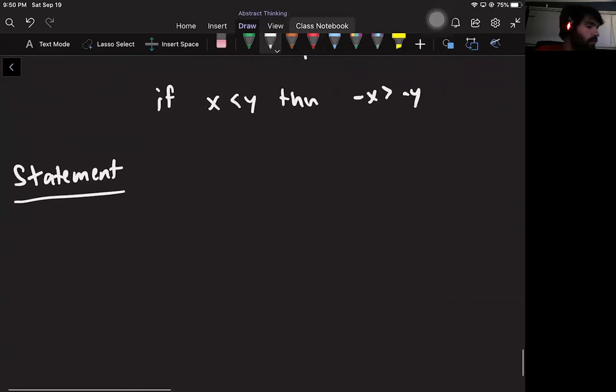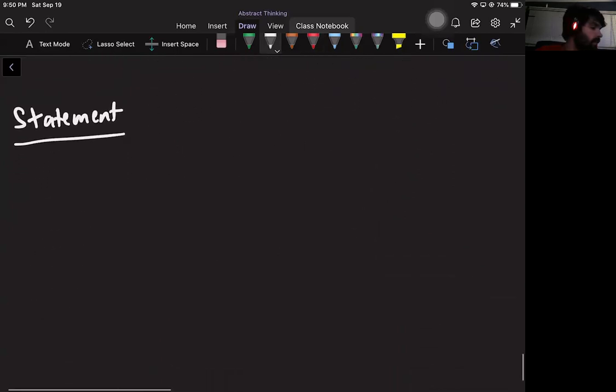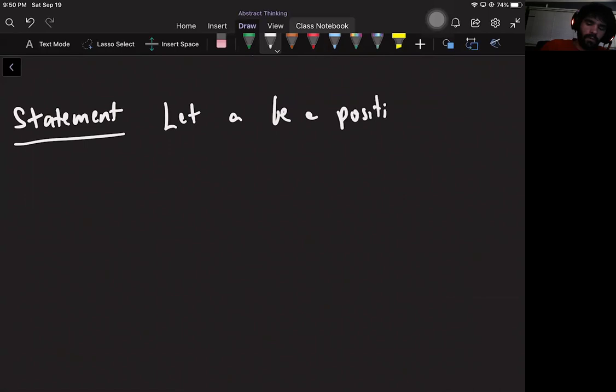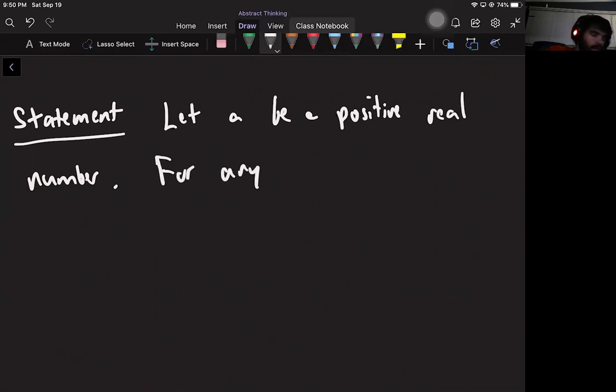Okay, so let's start proving some statements about absolute values. Let a be a positive real number. So just any old number you can possibly think of as long as it's positive. Then for any real number x, two properties I'm going to list at once.